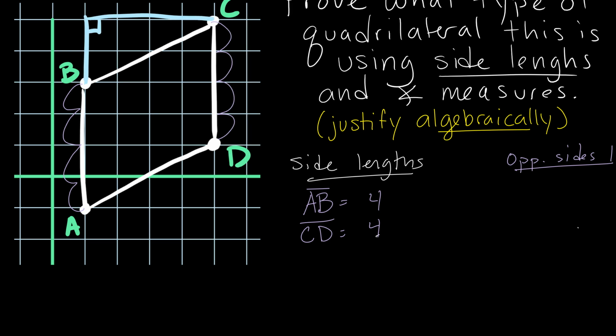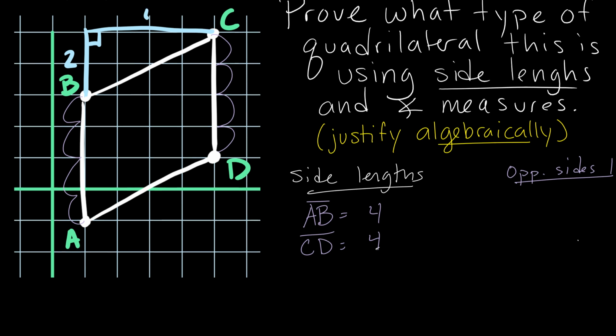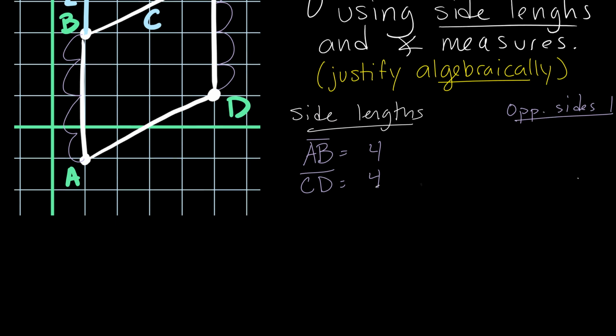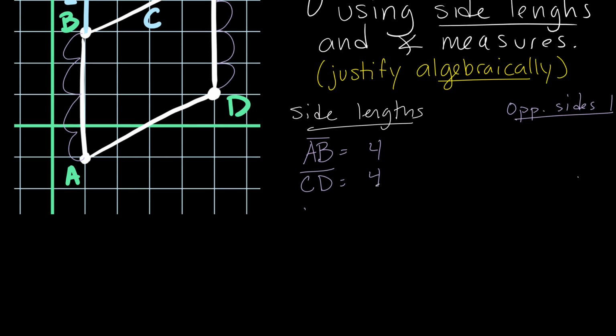Where our A is how long? 2. And our B is how long? 4. And we're obviously trying to solve for this third length C. So BC is going to be 2 squared plus 4 squared equals C squared.